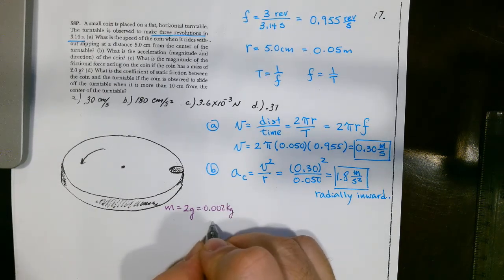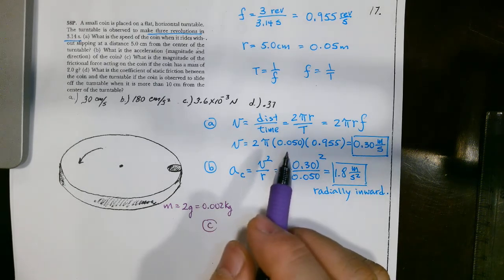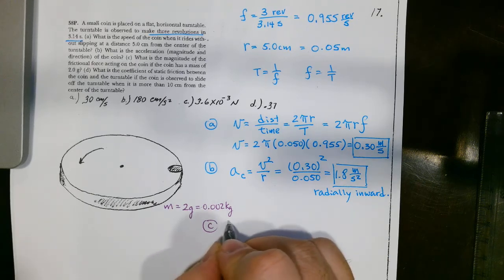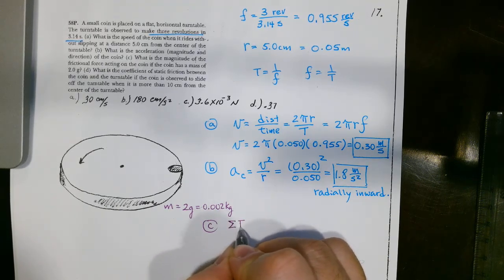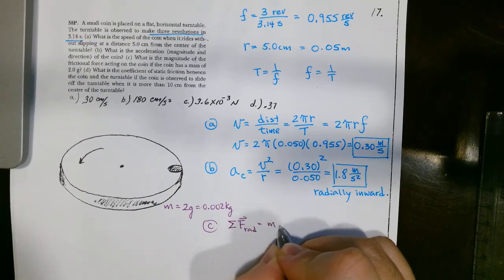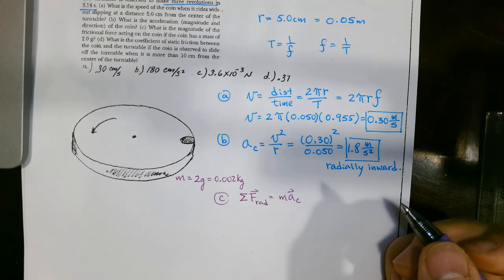And for part C, they're asking what is the magnitude of the frictional force? Well, we know the sum of all radial forces is equal to m a_c.